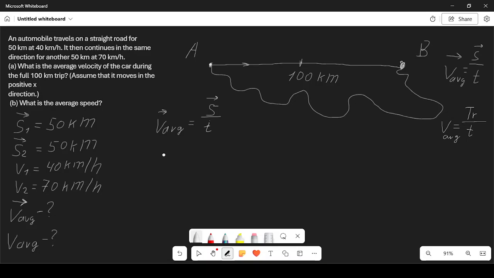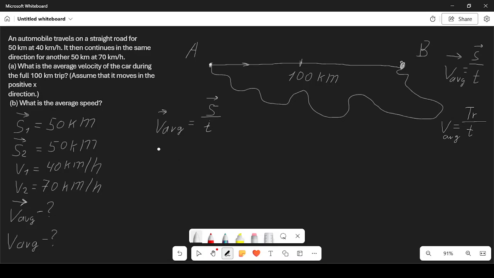Okay, so this displacement we know, and we can't find average speed using these speeds during the certain period of movement. We can use these speeds only to find the two things we need to find average speed. The whole distance we already know, and time. We don't know time yet.